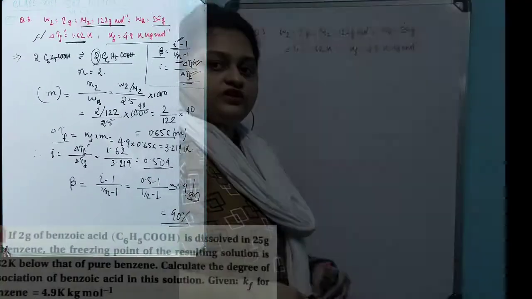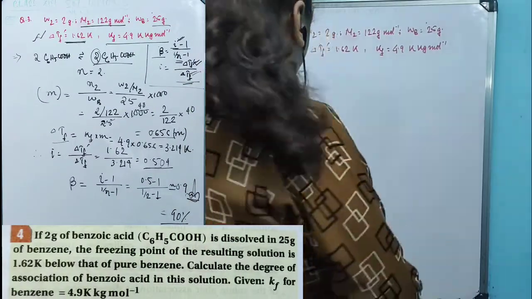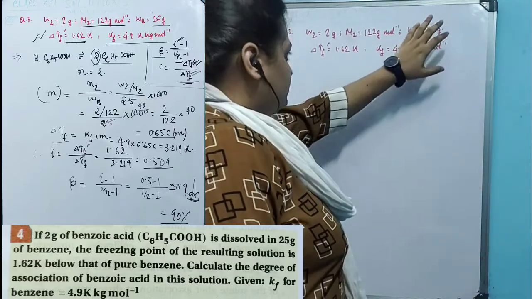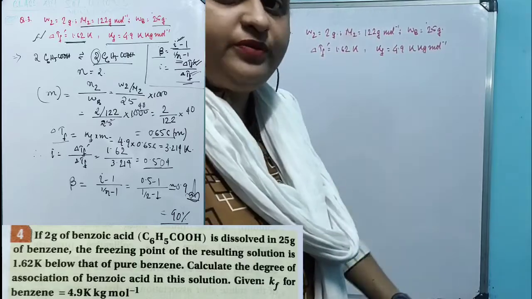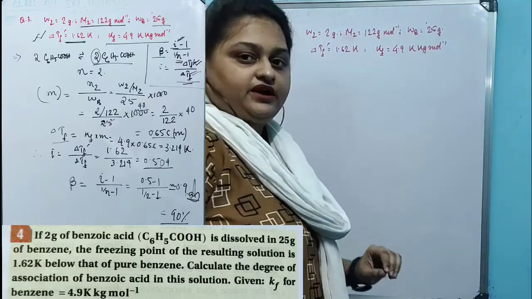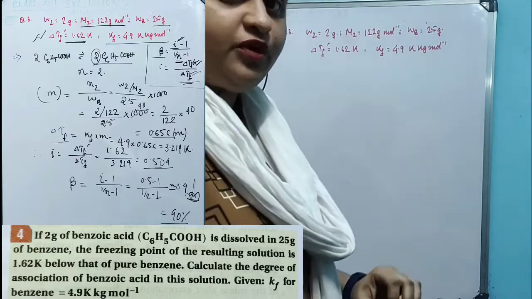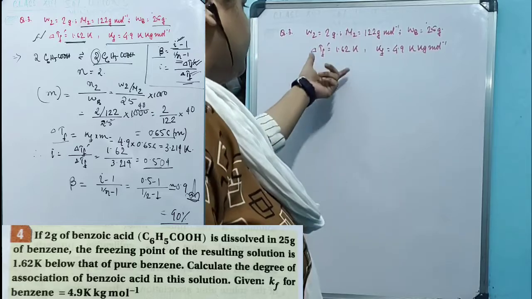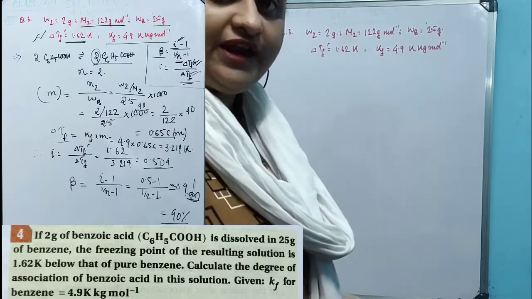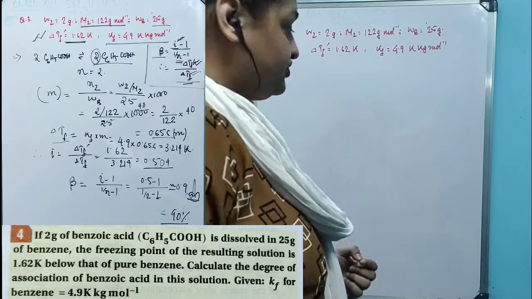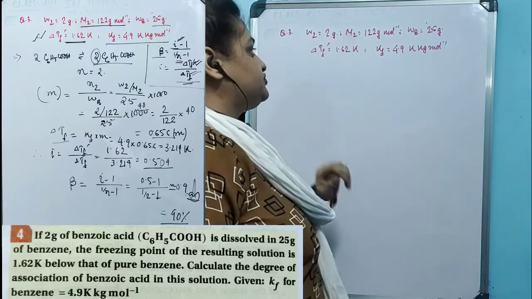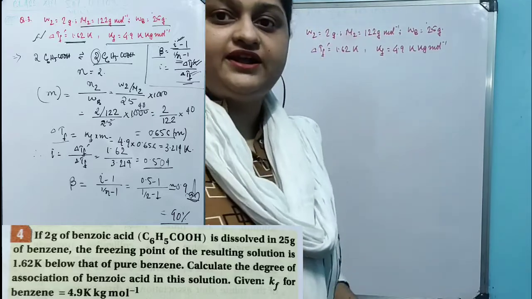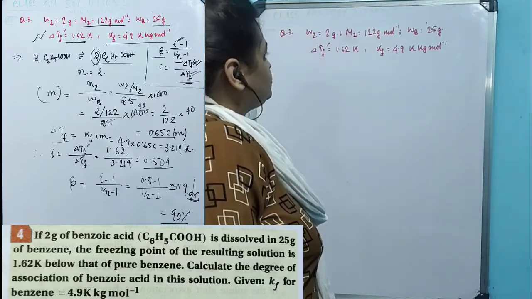In this question, they have given the information that benzoic acid is dissolved in 25 gram of benzene, and a solution has been made, and the depression in freezing point that they observed is 1.62 Kelvin. So this is the observed value of depression in freezing point, delta TF prime equals 1.62 Kelvin, and the amount of benzoic acid that has been dissolved, W2, is given as 2 gram.